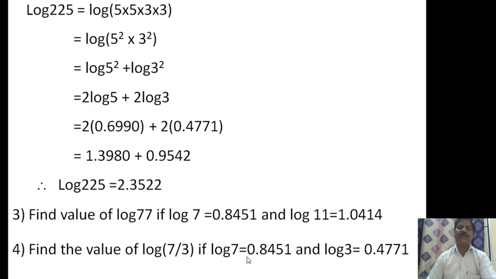If log 7 is equal to 0.8451 and log 3 is given, this formula should be applied, that is the hint I will give: log 7 minus log 3. Then substitute the values, take the subtraction, and you will get the value. For log 77, that is 7 into 11, therefore log 7 plus log 11. Put in the values and add, and you will get the value.